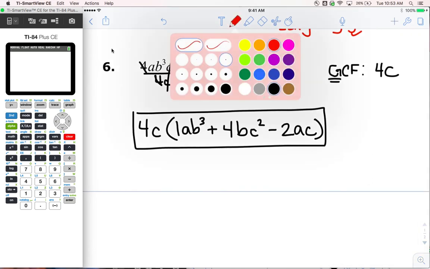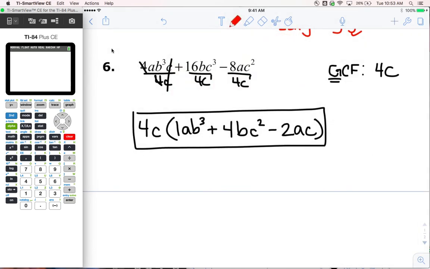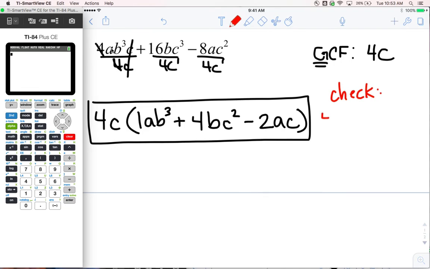All right, and yes, of course, we have to check and make sure we get back what we originally started with. So I'm just going to do that right here. It's the last thing. So let's write this out. We had 4c times ab cubed plus 4bc squared minus 2ac.